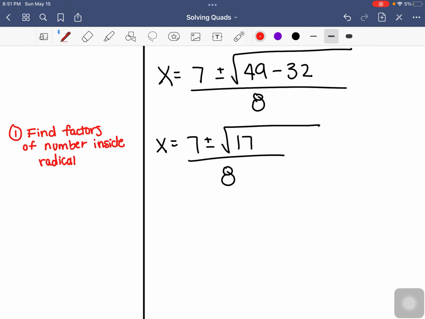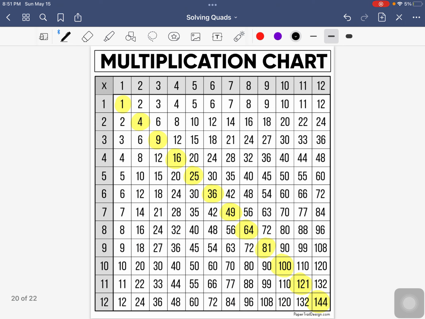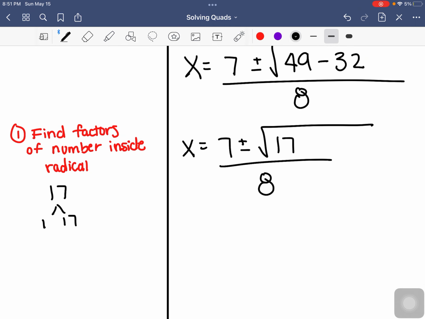So right here I'll do some of my math work. 17. I know 1 goes into 17 because that's always true for any number. Now I'm going to look at my multiplication chart and check if any number goes into 17. I'm going to look left and right, up and down, and I'm going to find that nothing goes into 17. So that means that 17 is prime.